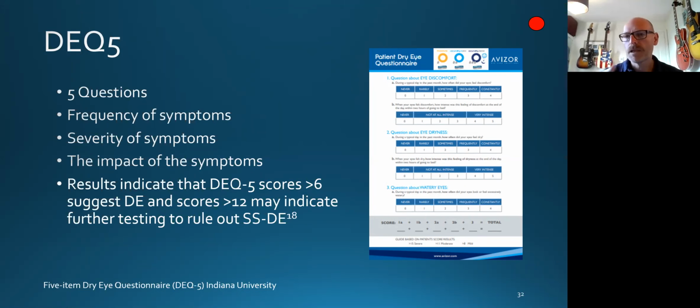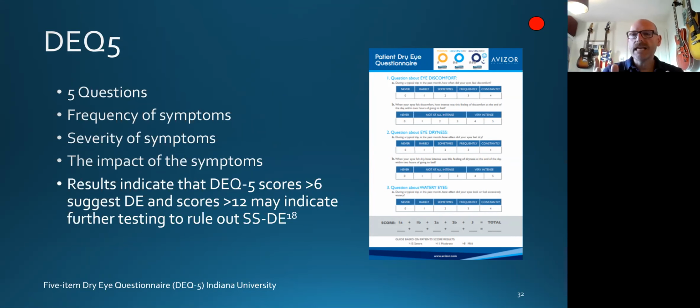But if we take a look at the Avizor questionnaire here, there's some pretty neat work here looking at a grading, and it's rather hidden, but you'll see this. You can download it from Avizor and get copies of this to use in practice. But a grading scale being applied here: greater than 8 would indicate dry eye, and they've applied it to their products as well, which is quite neat to help you with your prescribing.